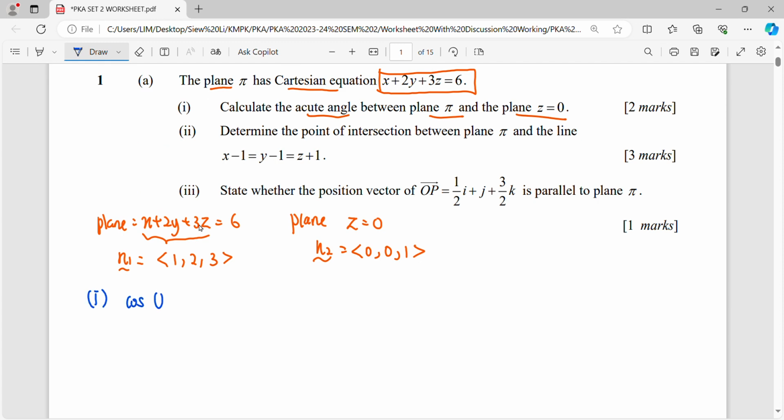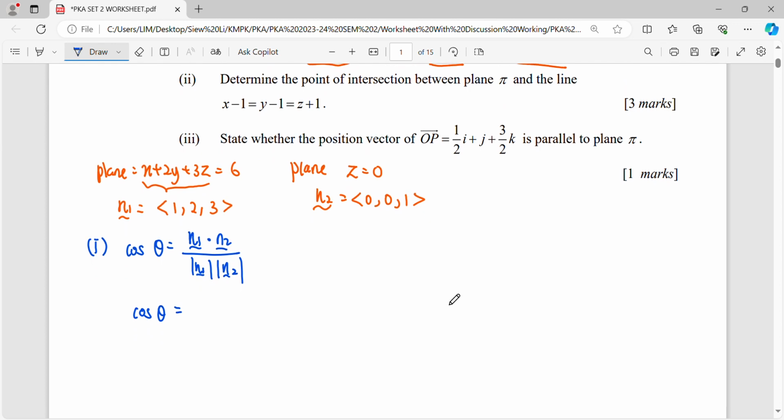Angle between two planes, the formula is n1 dot n2 over the modulus of n1 times the modulus of n2. Just now we found the normals, so we can substitute here: n1 is 1, 2, 3 and n2 is 0, 0, 1.